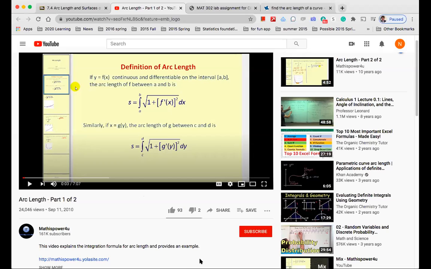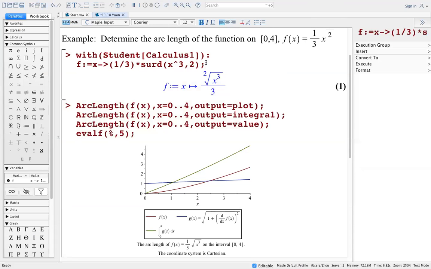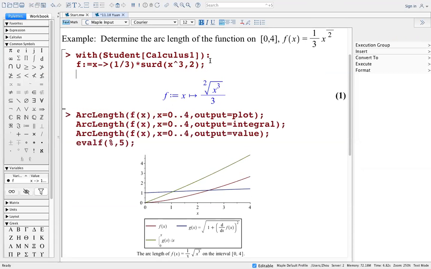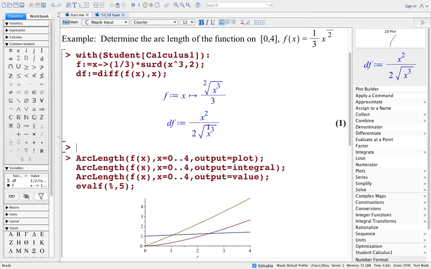We can put that into Maple directly, and Maple will come out with it too. Since we are going to use the derivative of the function, we can find the derivative first. To find the derivative, we use the diff command: f of x, comma, x. This will give us the derivative of the function, and I'm calling this derivative function df.